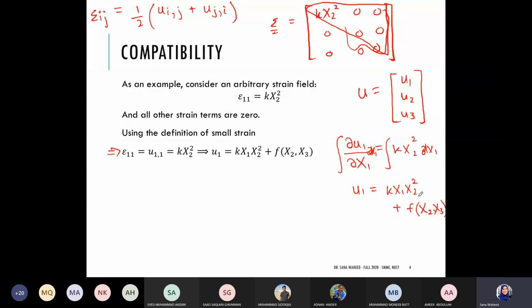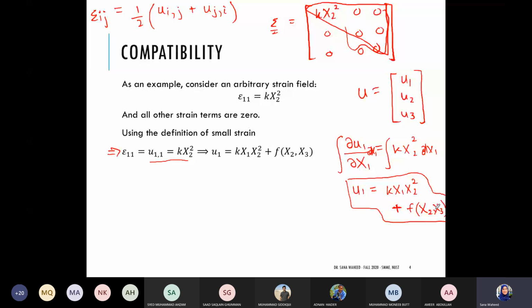Right? And I get back what I know: the partial derivative of u1 with respect to x1 must just be (kx2) whole squared. So my complete integration must include this arbitrary function. I don't know what this f is, but it is a function of x2 and x3.